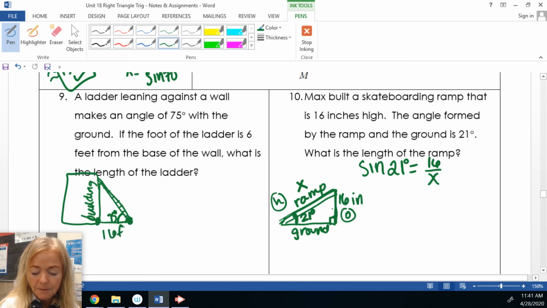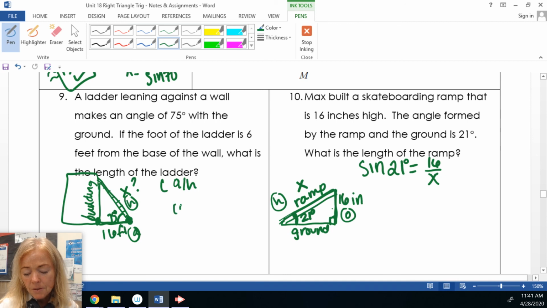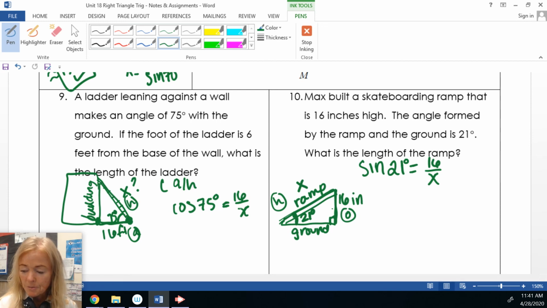That's where you need to write in that distance. What is the length of the ladder? So that's what you're asked to find. This is your adjacent side, and this is your hypotenuse. So A and H makes cosine. Cosine is adjacent divided by hypotenuse. So cosine 75 degrees will equal your adjacent side over your hypotenuse, which is x. Both of those, 9 and 10, will be switcheroos.